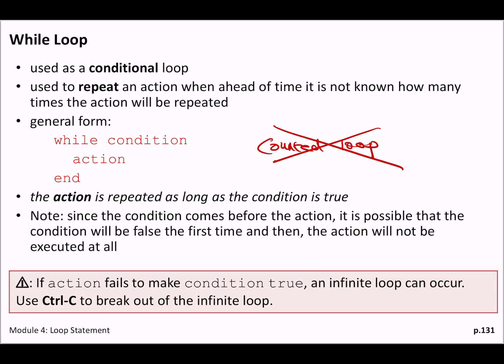Okay, here's the structure. While, and you put your condition statement here, and then the action inside of the while loop. So here, since the condition statement comes first, if the condition statement is false in the beginning, you skip this part. The action will not be executed at all.